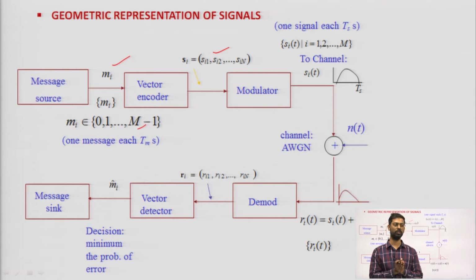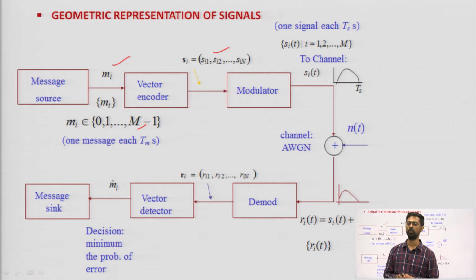We always watch this as an n-dimensional space. How these many bits are represented in the n-dimensional vector space, we can see by the use of the Gram-Schmidt orthogonalization process.